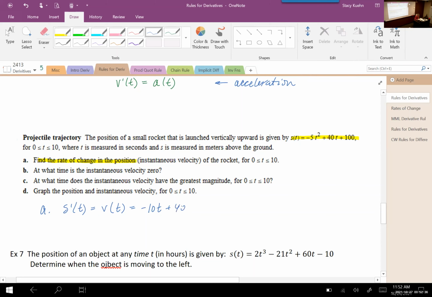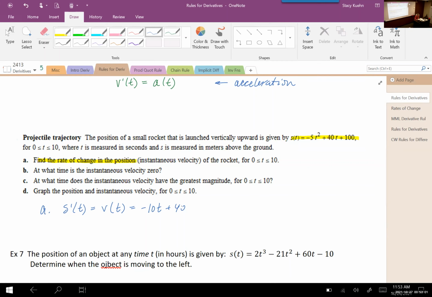Plus 40. So the velocity function, or the rate of change in its position, is negative 10t plus 40. That is actually instantaneous velocity. That's what they're talking about instead of average velocity, if you ever see that. Instantaneous velocity would be the derivative part, okay?